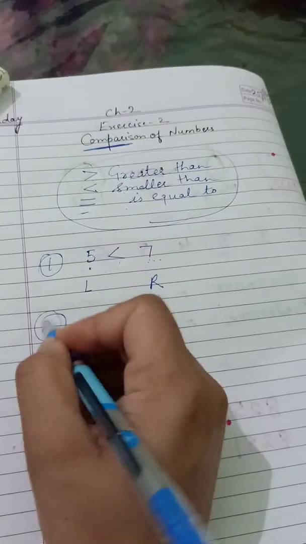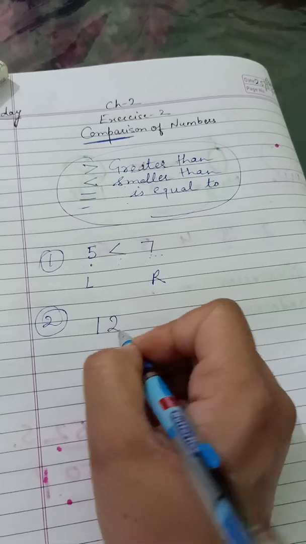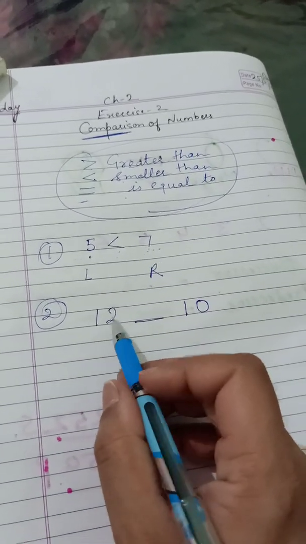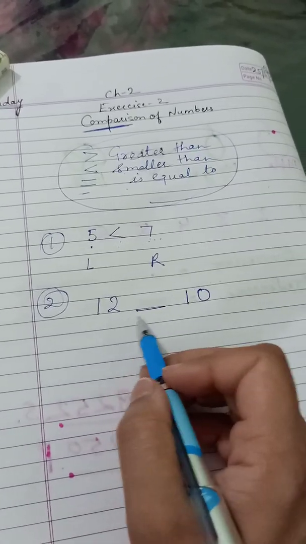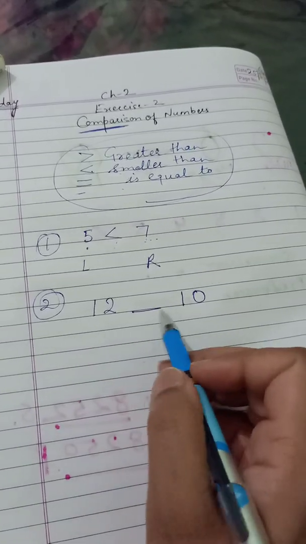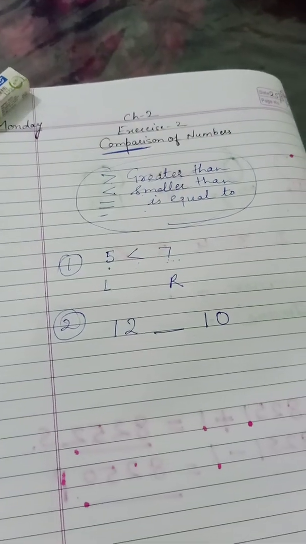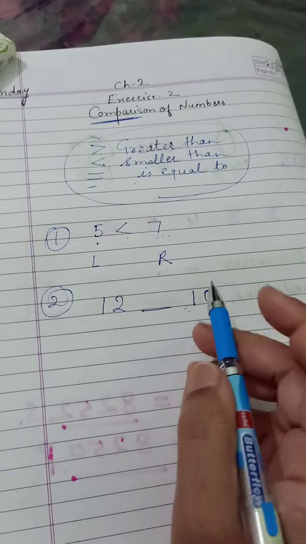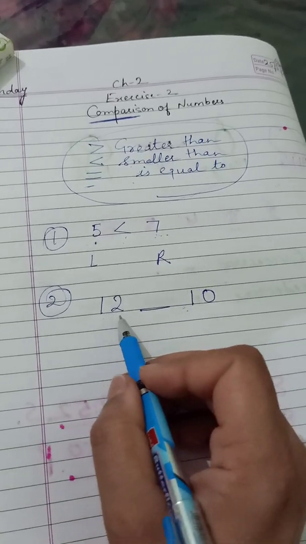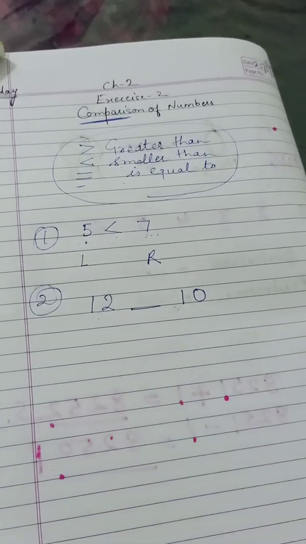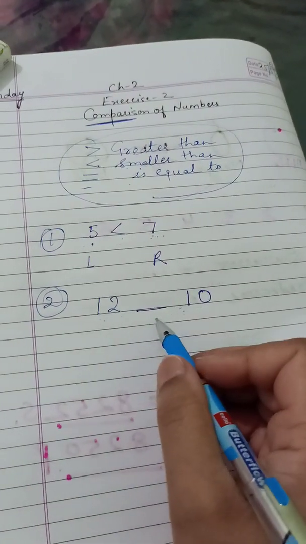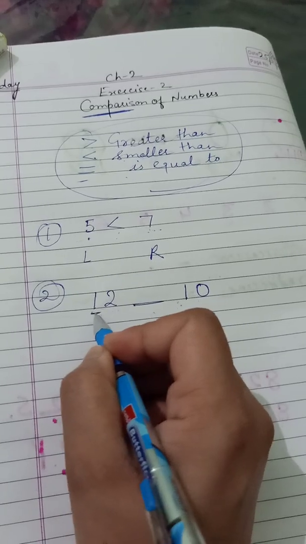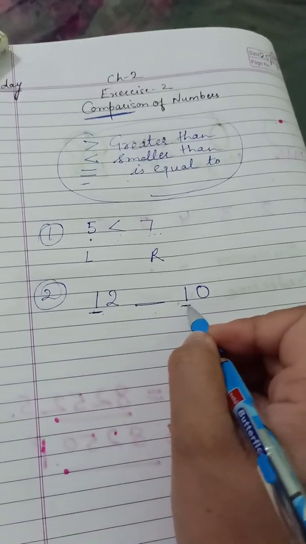Example number 2. This is 12. This is 10. As you can see, both numbers have two digits. How to compare? When we find two digits, we always compare the left digit first.